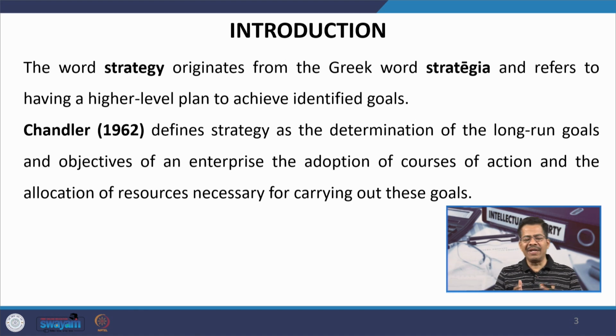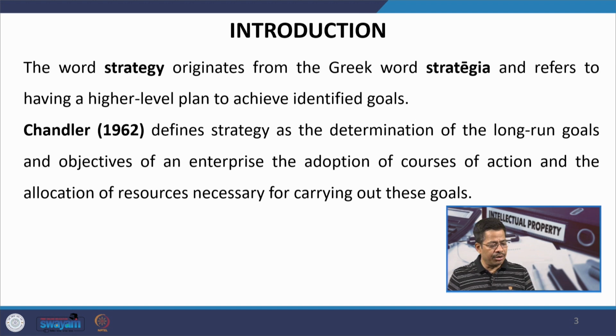And the battlefield is very dynamic, where on a regular basis the situation keeps changing, and accordingly you also need to be dynamic so that you can face the enemy and ultimately win the battle. So, this word strategy, later on, after the Second World War, was adopted by business organizations also, and therefore, now it is more used in management than in the armies.